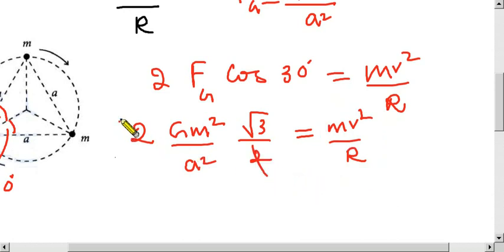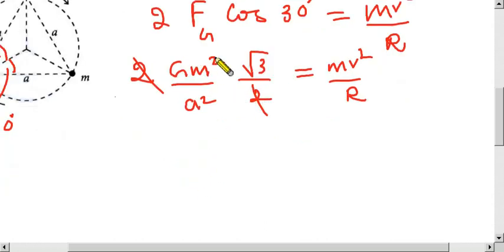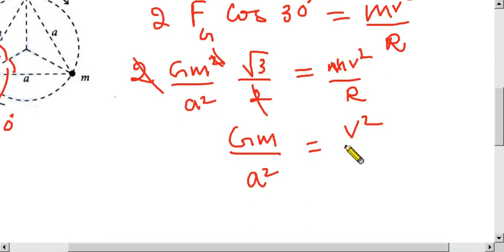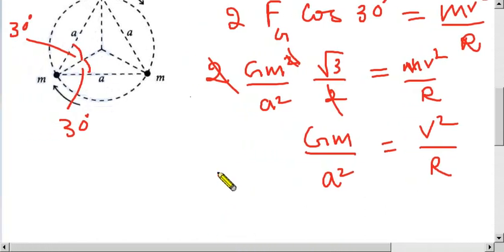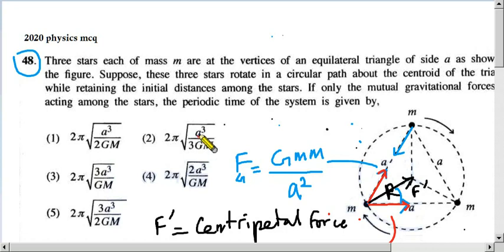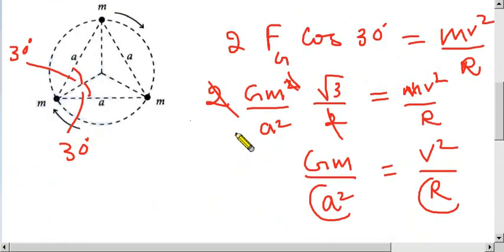So 2 cancel, 1 m cancel, then Gm by a squared equals v squared by r. Now we have to get the relationship between small a and capital R, because in the answers only small a is there, capital R is not there.